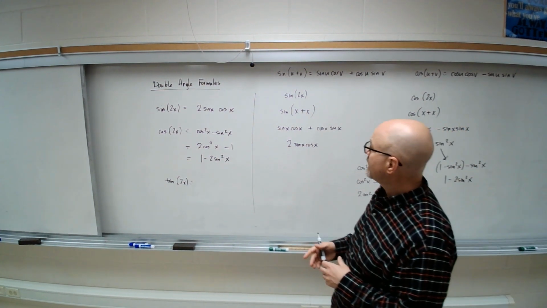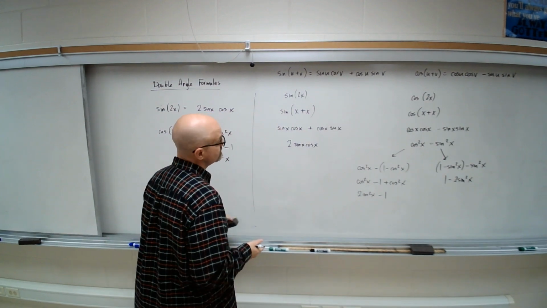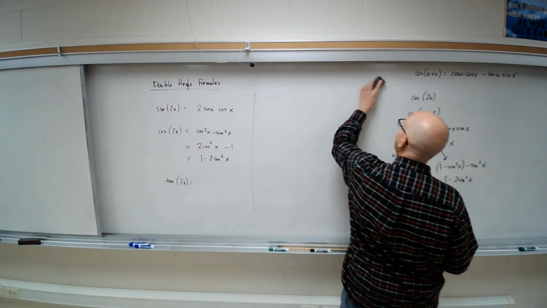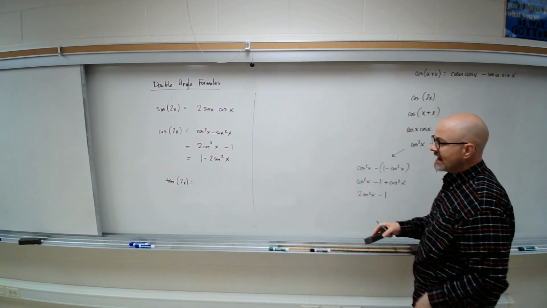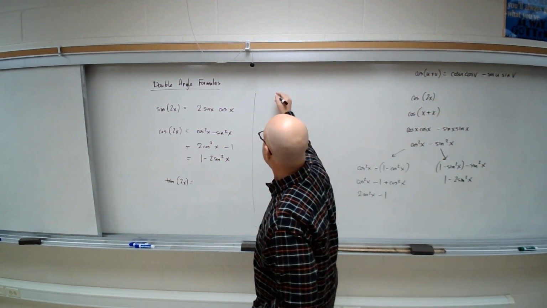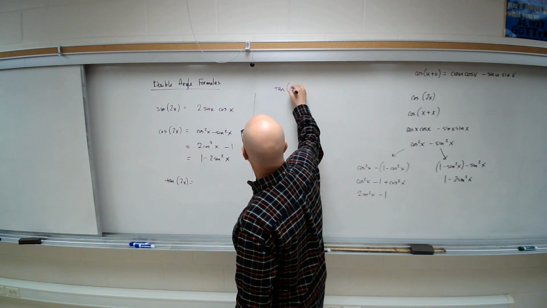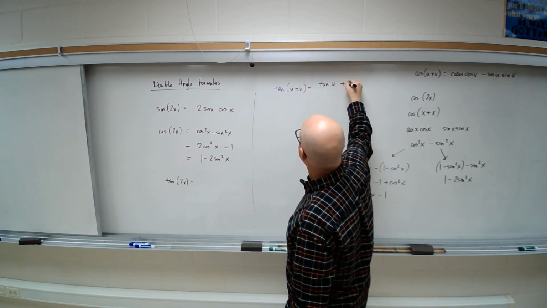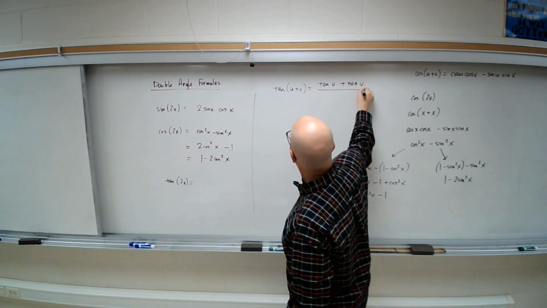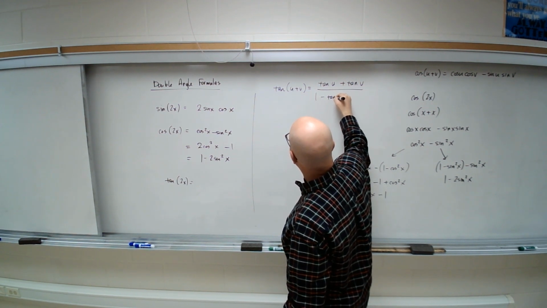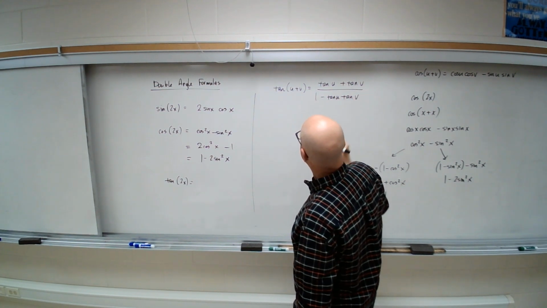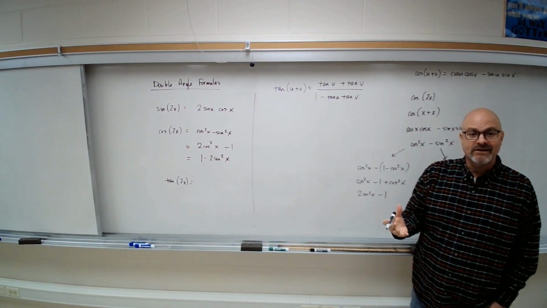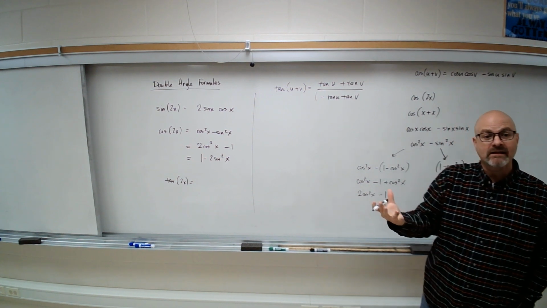Now to derive the tangent, a rule that we've used at times, and we used this in the last video, is that the tangent of u plus v is tangent u plus tangent v over 1 minus tangent u tangent v. So we're going to do the same process here. We're going to let u and v both become x.